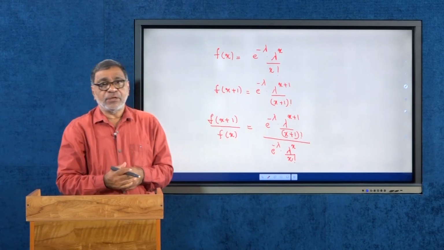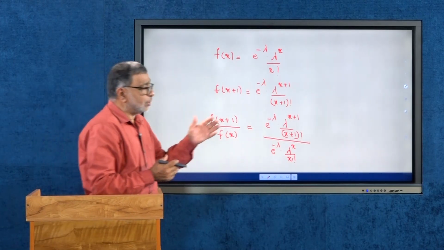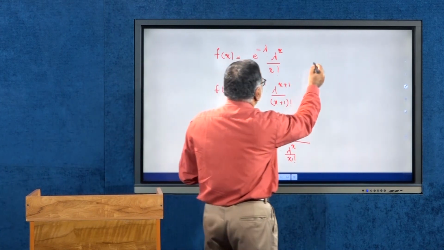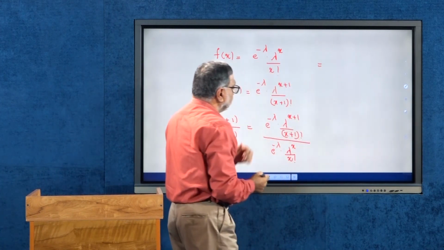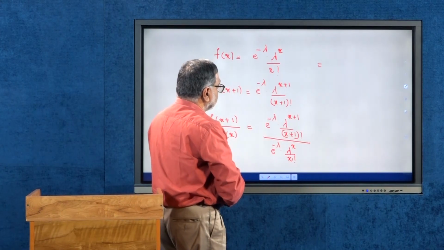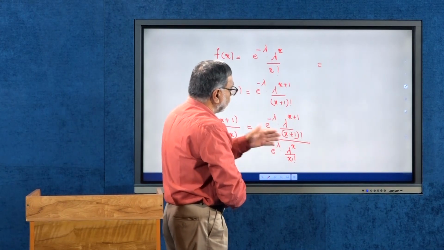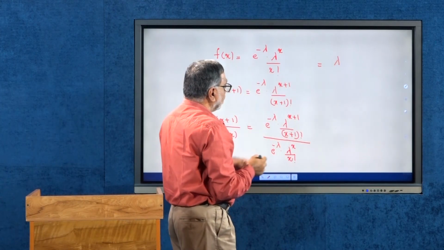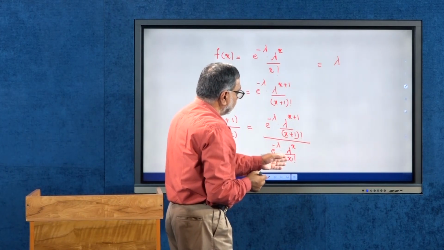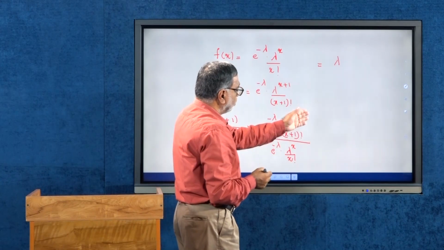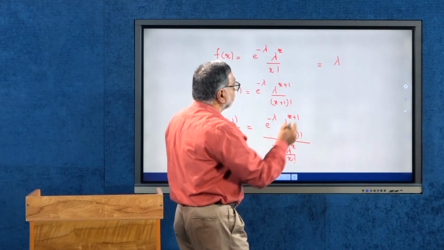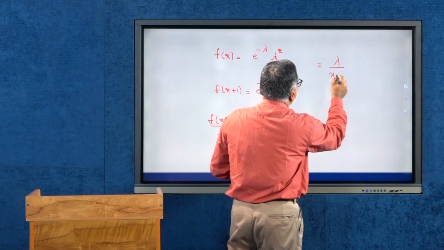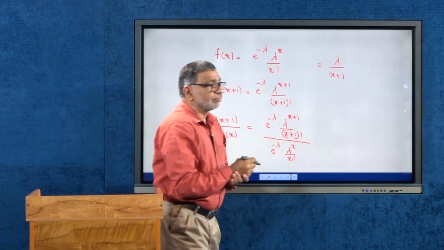Substituting f of x and f of x plus 1 in this formula, you have this. Simplifying again, e power minus lambda will be cancelled, and lambda power x plus 1 and lambda power x, there remains only one lambda in the numerator, and x plus 1 factorial and x factorial are in the denominator, and cancelling the common factor, the remaining in the denominator will be x plus 1.